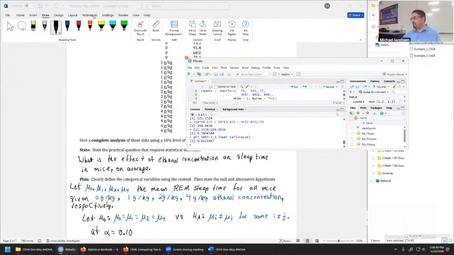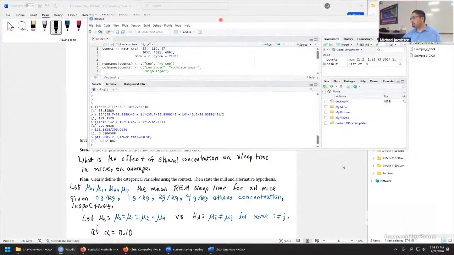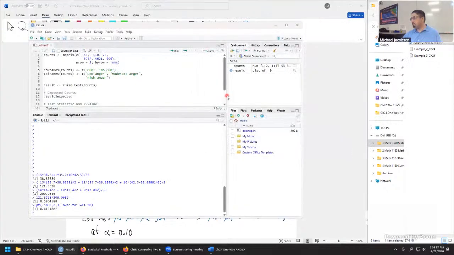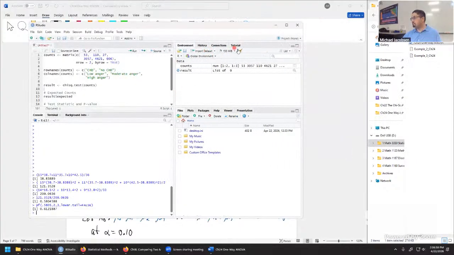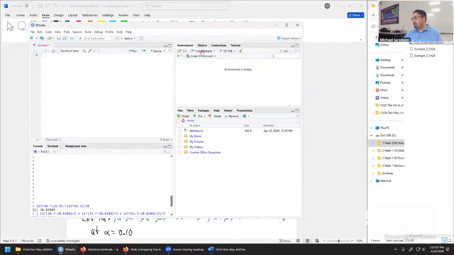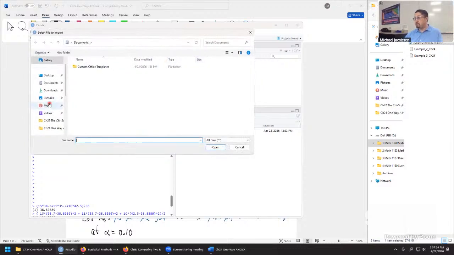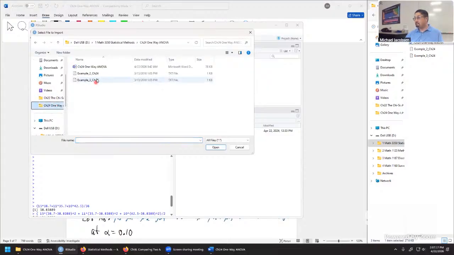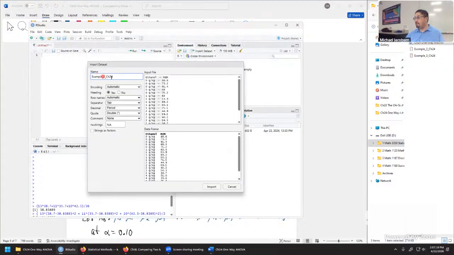So let me resize here and get this pulled in. Let me just wipe out the environment first. We don't need any of that stuff at the moment. Now go to import data set. It might have been a while since we've dealt with this with quantitative data. Click from text base. Go to wherever your data is contained in. Mine is this file here. I had to make it this clunky file since I can't just say example 2 multiple times in Canvas because we have multiple example 2s of data.